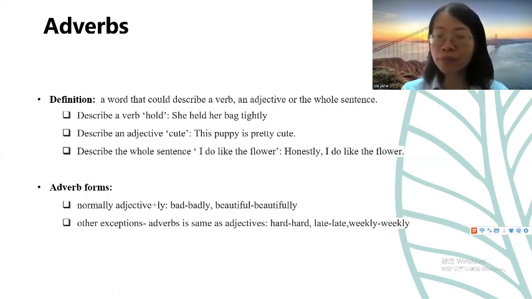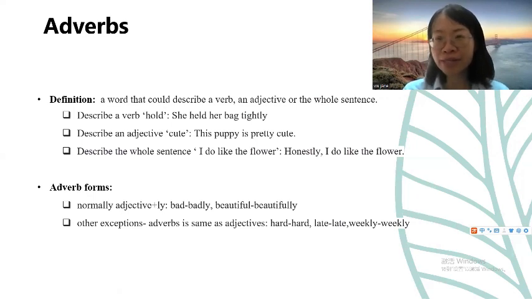Okay, before we talk about how to use the adverb, and the different forms, types and positions of adverbs, does anyone still have any questions? Okay, then let's talk about adverb forms. I think you could easily tell that in most situations an adverb will end with ly, right?